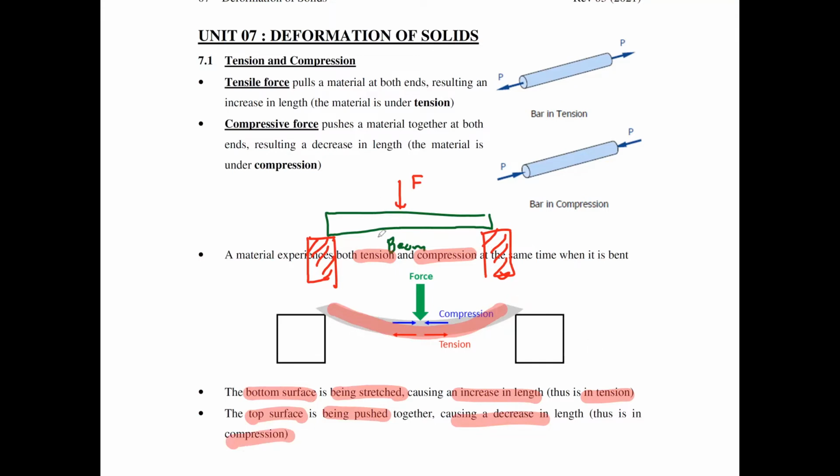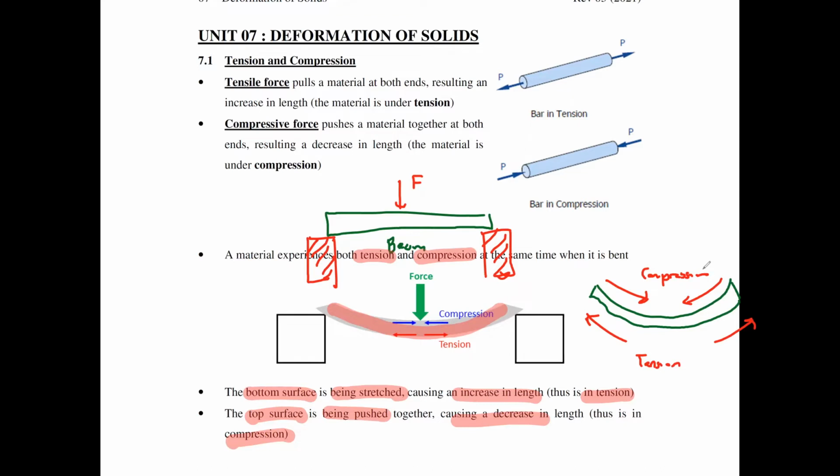You can imagine that if that beam is bent like this, the bottom portion is being stretched apart, whereas the top portion is being squashed together. That's why here we will say that this is tension, and this one here is compression.